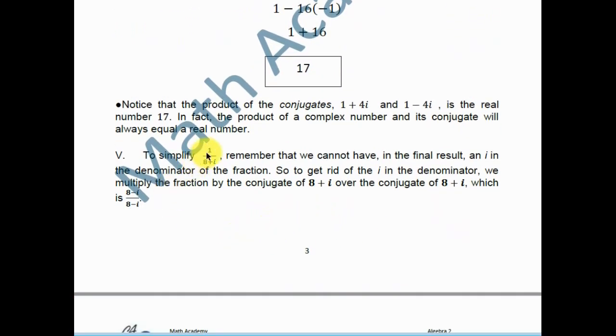To simplify the complex number 1 over 8 plus i, remember that we cannot have in the final result an i in the denominator of the fraction. So to get rid of the i in the denominator, we'll multiply the fraction by the conjugate of 8 plus i over the conjugate of 8 plus i, which is 8 minus i over 8 minus i.